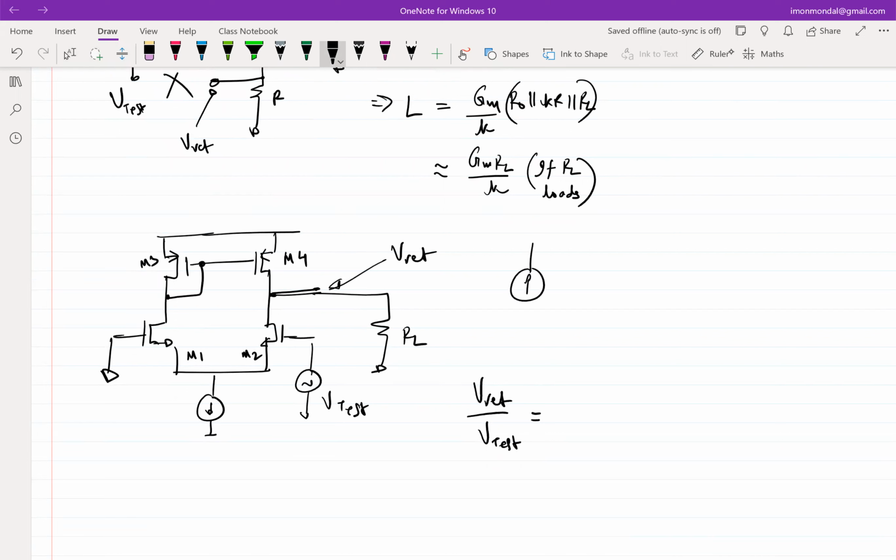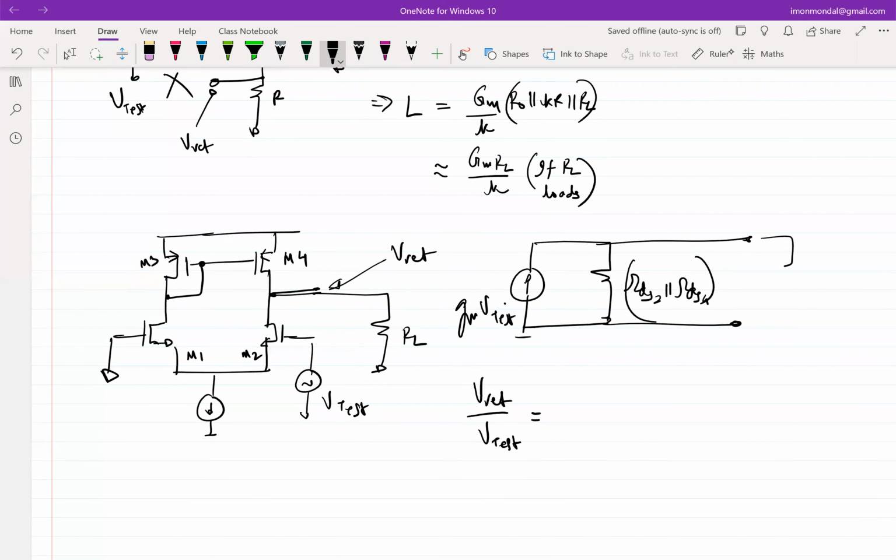The short circuit current is GM times VI or V test in this case. And the output impedance is RDS2 parallel RDS4. And you have RL connected here.